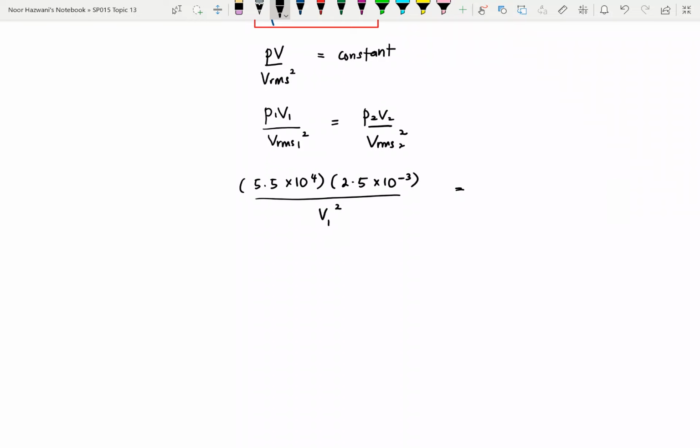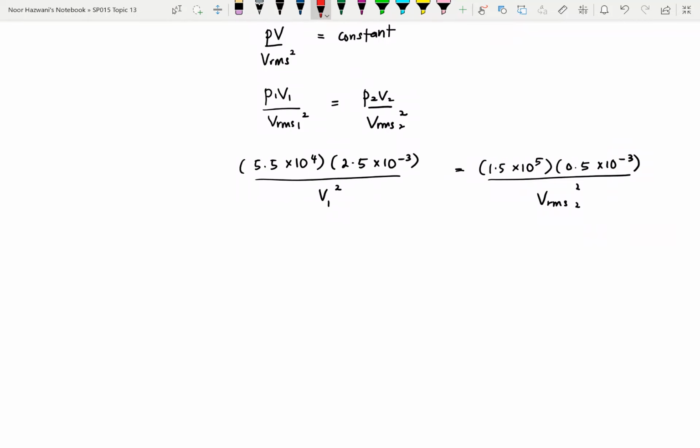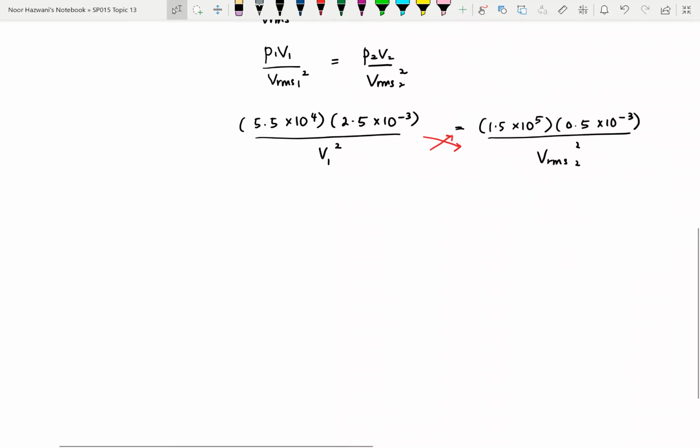And then P2, you have 1.5 times 10 power of 5 times with 0.5 times 10 power of negative 3. And you divide with VRMS 2 squared. Kita tahu kan? So, you darab silang.